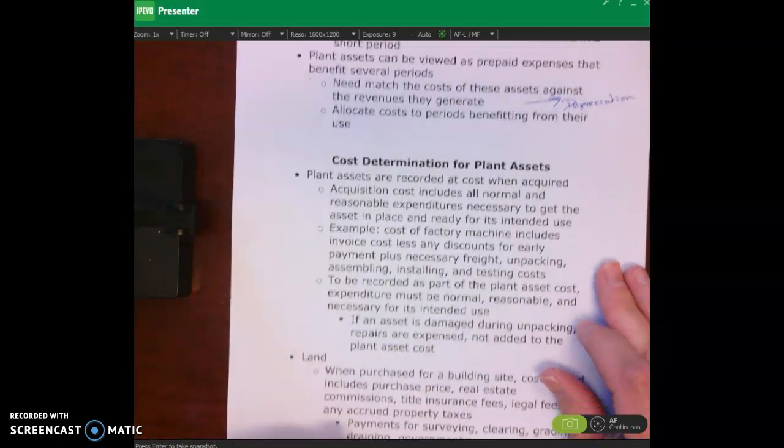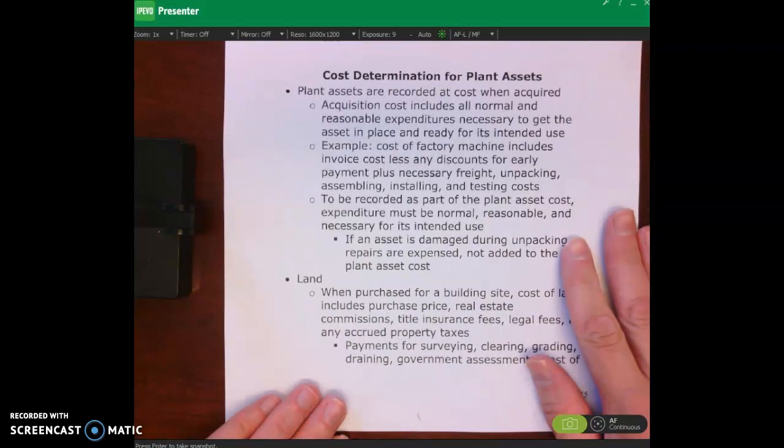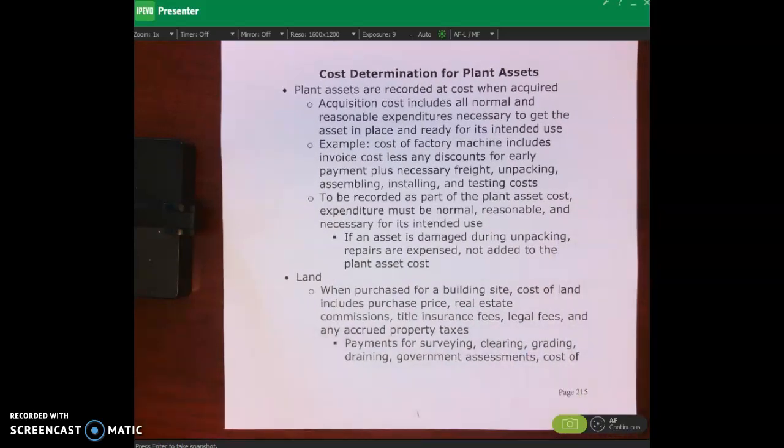Okay? When we talk about the cost determination, remember, this relates back to the cost principle. So when we purchase a building, right? We're going to purchase a building or purchase a truck or purchase a laptop. When we buy that, let's say we're going to purchase a truck, we debit truck and then we credit cash. Or let's say we're going to buy a building, we debit building, which is an asset, and then we credit cash.